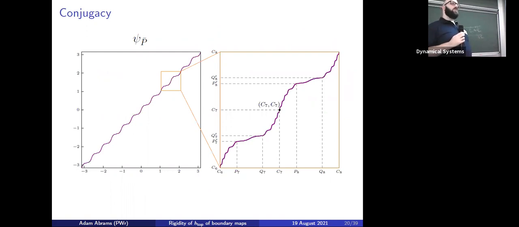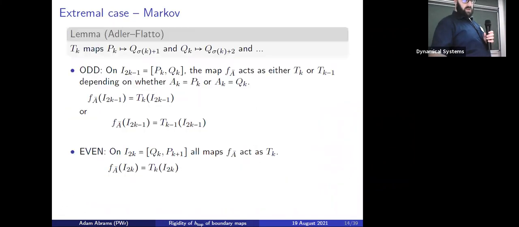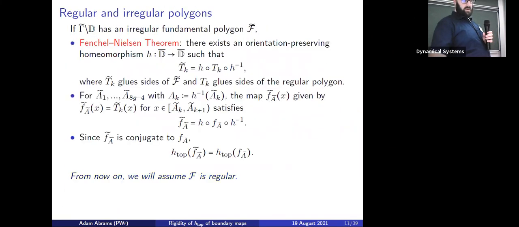Yeah. I don't know for sure. I expect that it is Hölder. I know that the conjugation between this map H from the Fenchel-Nielsen theorem, I know that that is Hölder, but not Lipschitz, unless your Fuchsian group has some very specific properties.